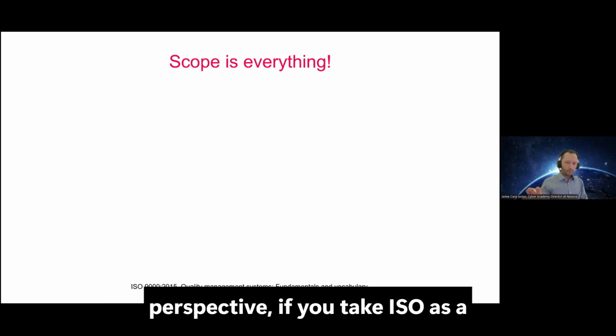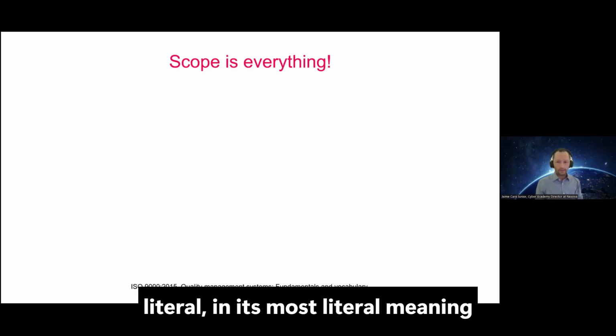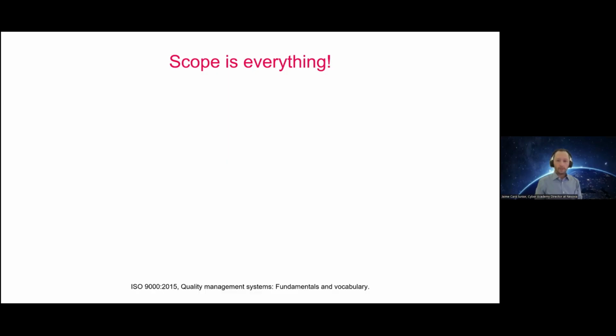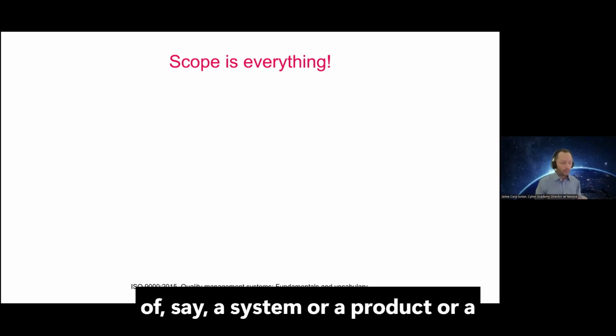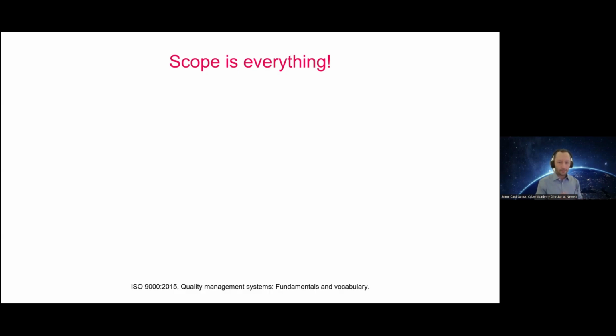So from this perspective, if you take ISO as a reference, scope in its most literal meaning means the boundaries and applicability of, say, a system or a product or a service or an activity, but it boils down to the boundaries and applicability.